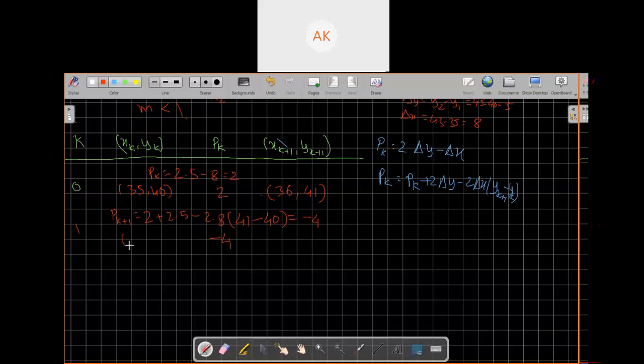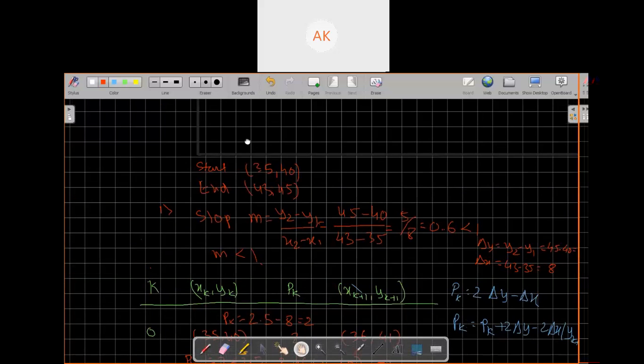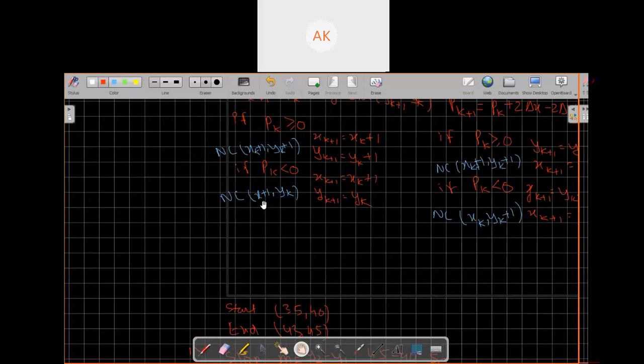Your initial point is now 36, 41, and your decision parameter is -4. When your decision parameter is less than 0, your xk will change by 1, and yk will stay the same as the previous value.